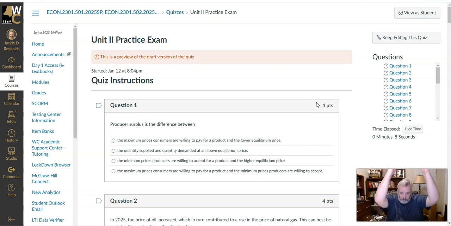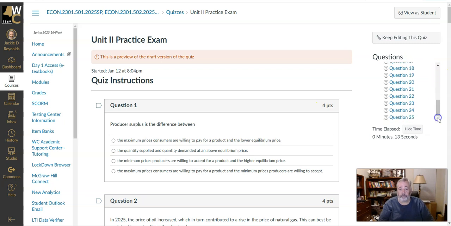This is an amalgamation of all my lecture quiz questions. This is all 25 questions that you had already seen in my lecture quizzes, and you're going to need to know why the answer is what it is for this to be all that helpful on the other one. So it's not enough to just know the answer to this question.